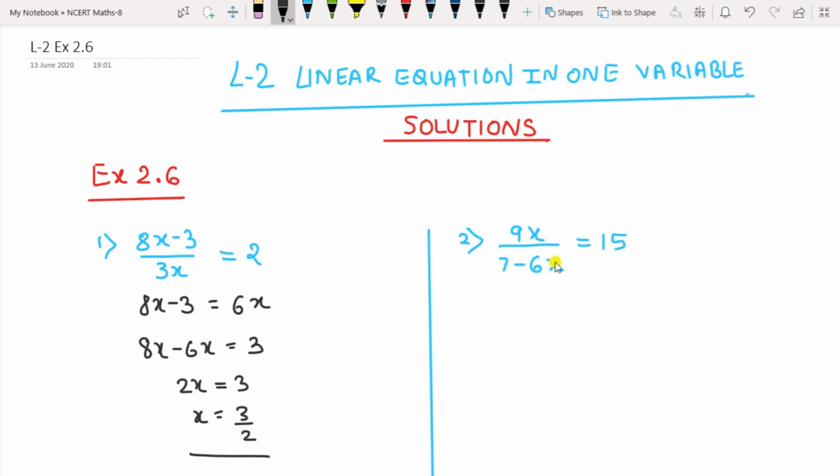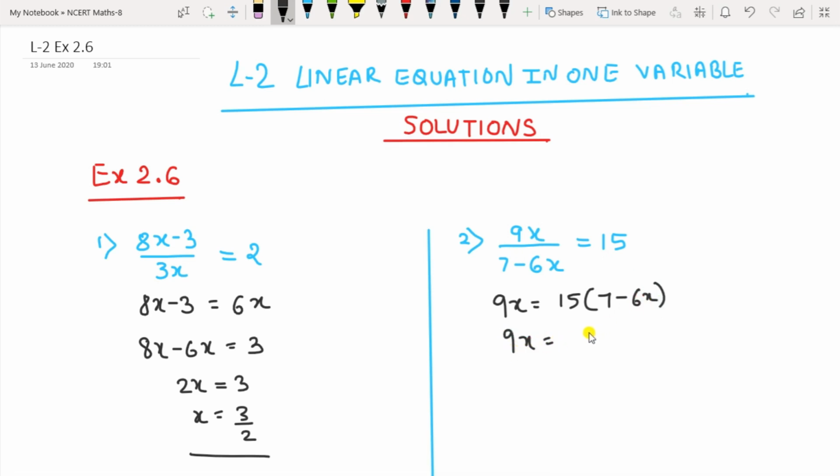Then similarly here, now take this binomial to the other side, it will become 9x equal to 15 bracket 7 minus 6x. This is the same thing that you did before, only here the binomial is to be taken to the other side, that is the only difference.